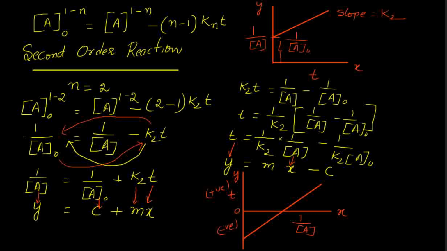So this is the intercept C. So the C is negative, that equals to minus 1 by K2 A naught. So here the slope equals to 1 by K2. So these are the two graphs related to the second order integrated rate law equation.